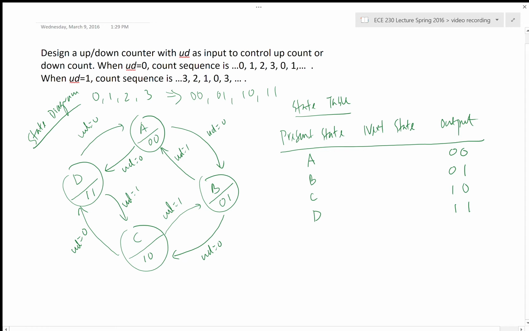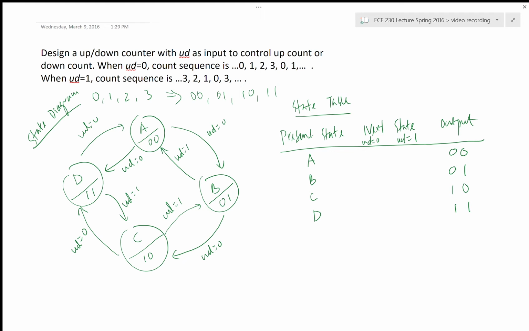To determine the next state, we have an input. The UD input determines what the next state is, so we actually have 2 columns. At state A, you have to look at the outgoing edge.